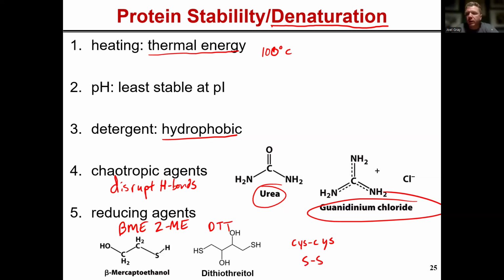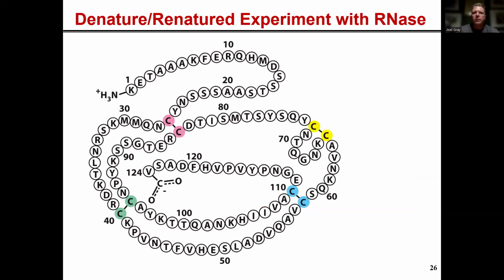Because if you remember, a disulfide bond is one type of bond that can form between two amino acids. These disulfide bonds, as covalent bonds, are strong. So you can't adjust pH and expect those bonds to break. Instead, what you have to use is a denaturing or a reducing agent like this.